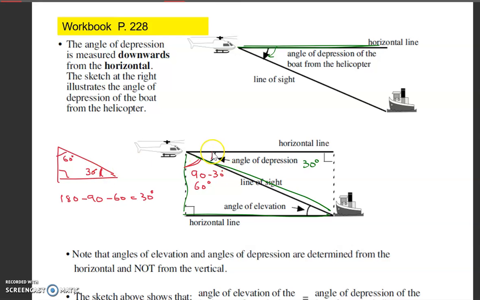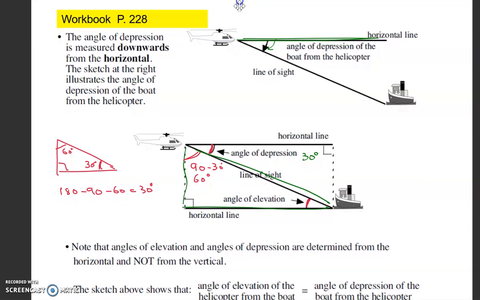So really the angle of depression ends up being equal to the angle of elevation. We're going to do some questions and see whichever way you like to do. You can keep using this 60, or you can go a step ahead and find the angle of elevation, which is 30 as well. It will be up to you when we do our other examples. So let's actually apply this to example number 2 and onwards.